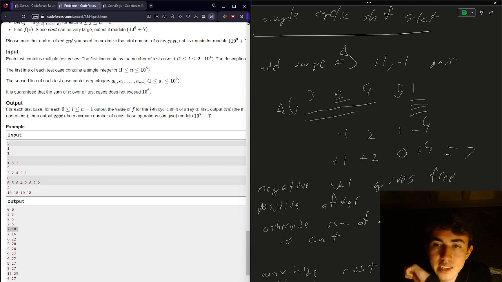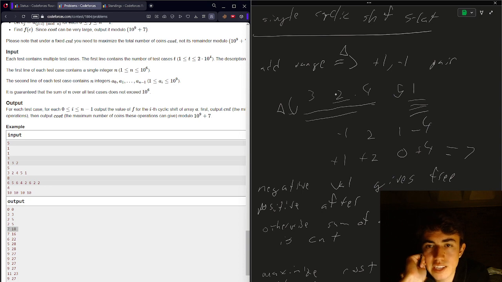So this is 3, 3 squared is 9, plus 4 is 13, plus 1 is 14, plus 4 is 18. So it looks like this. I don't know why that took so long. That was pretty sad. Anyway, that's what it should look like.